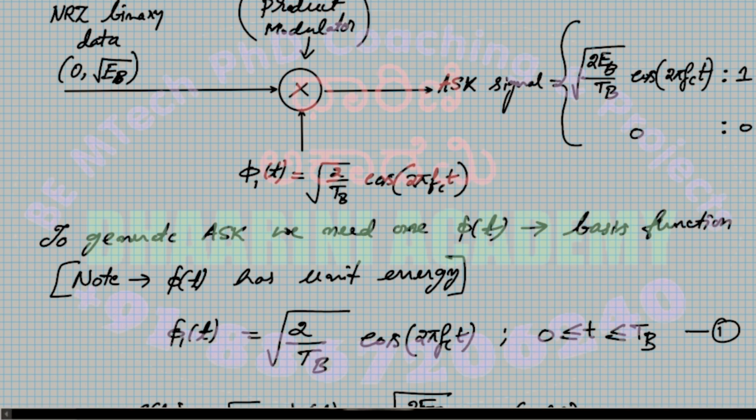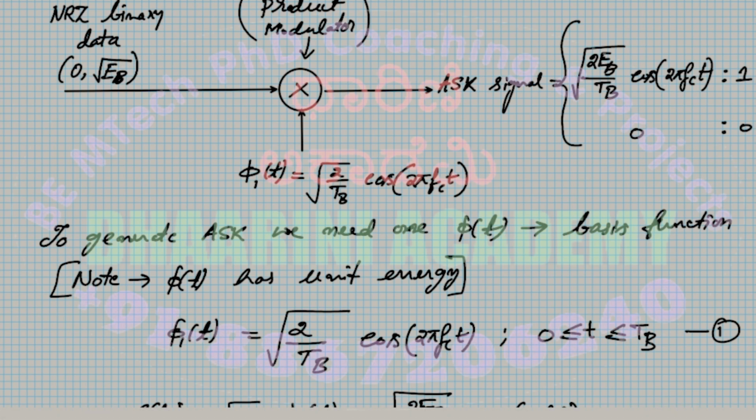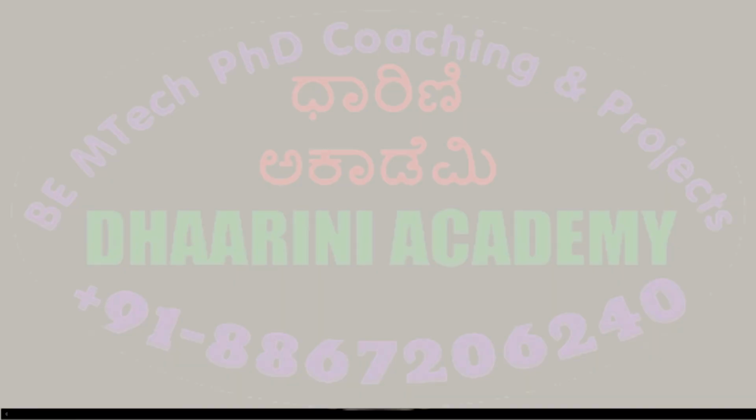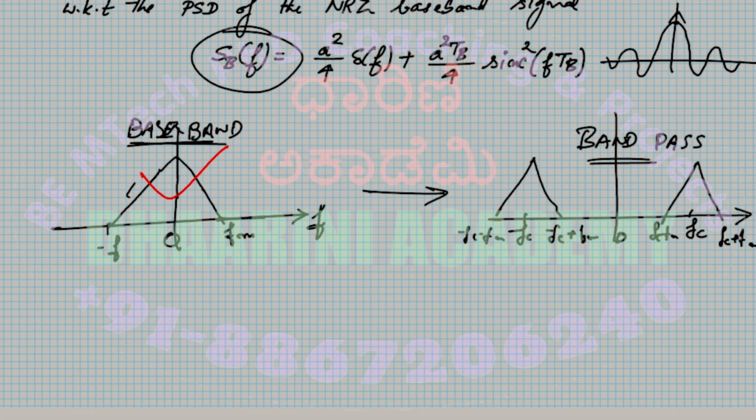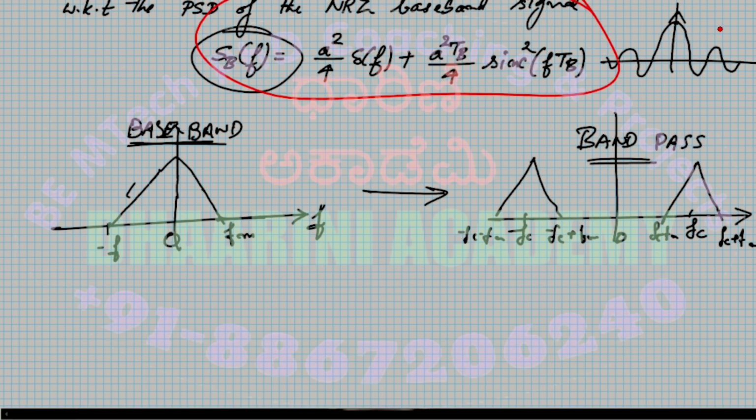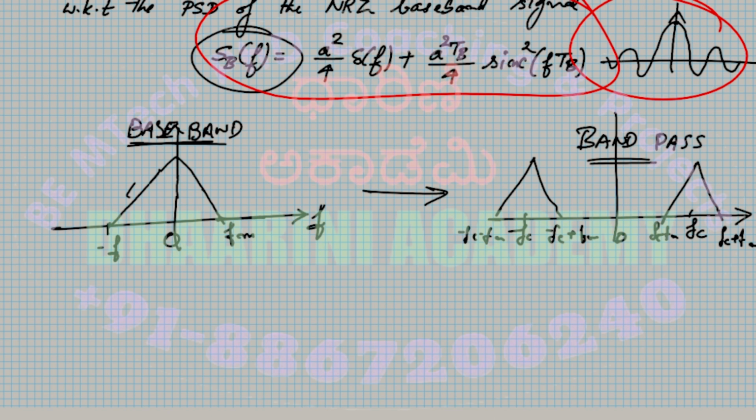So we had a baseband signal that is going to look like this. We want to make it band pass because I want to move my low frequency content to a high frequency content. The low frequency content is represented using the power spectral density analysis, denoted by SB of f.